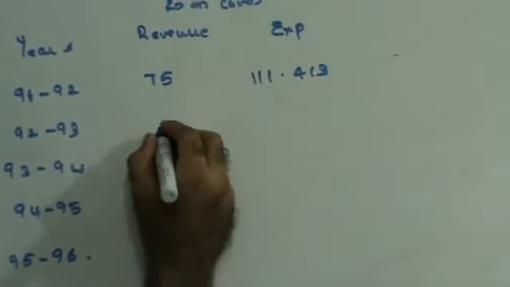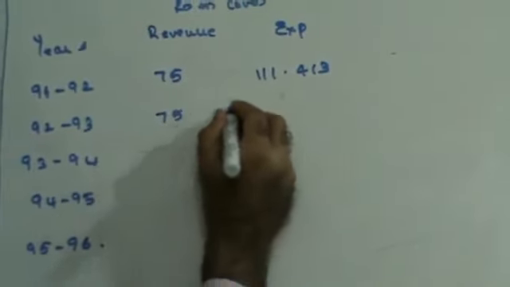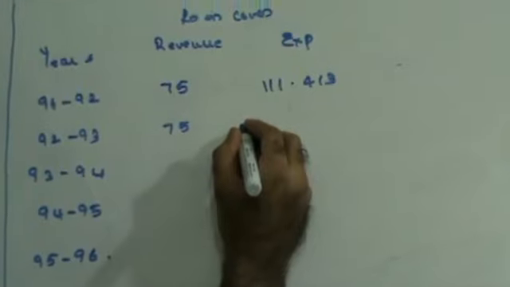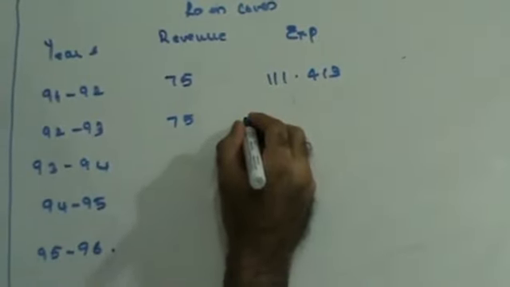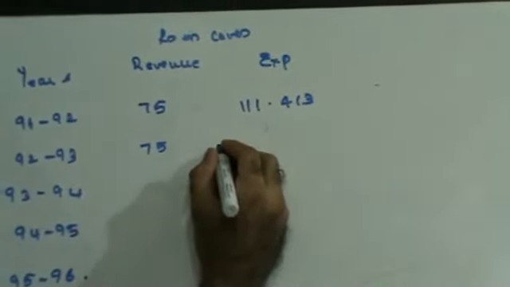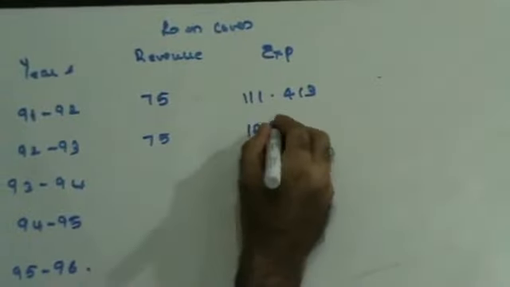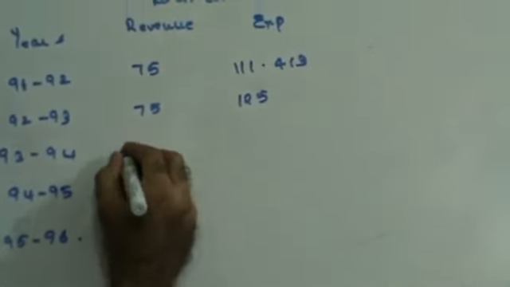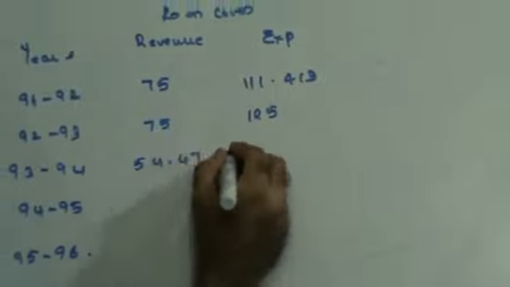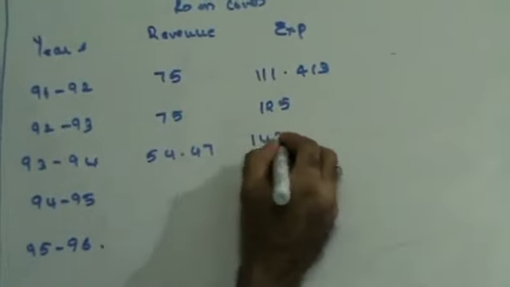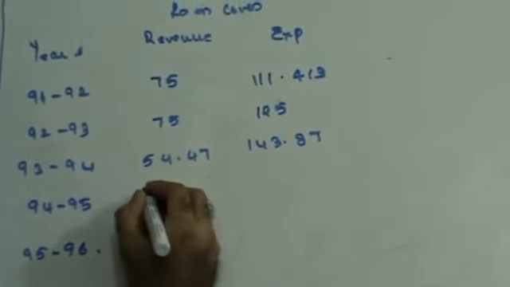Then this is 75 again, and this is going to be approximately 125 crores. Then this is 54.47, and this is 143.87.